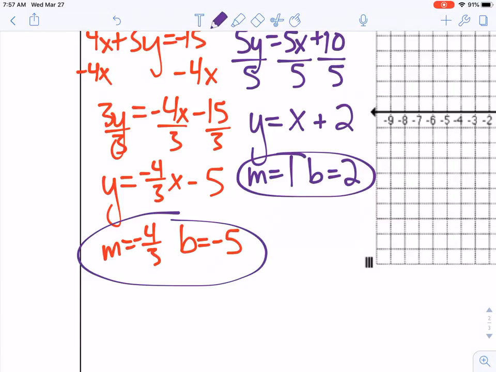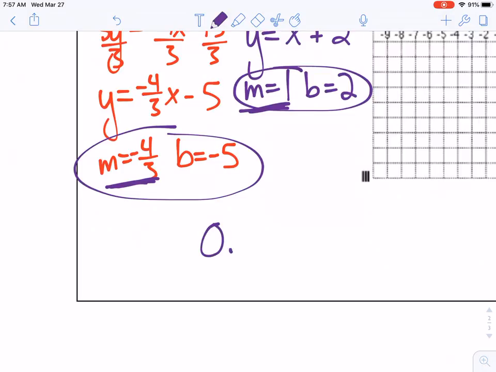I first look at my slopes, and they're two completely different numbers, meaning the angles that these lines are moving at, again, are totally different. So they're not parallel for sure, meaning they're going to have to intersect exactly one time, one solution.